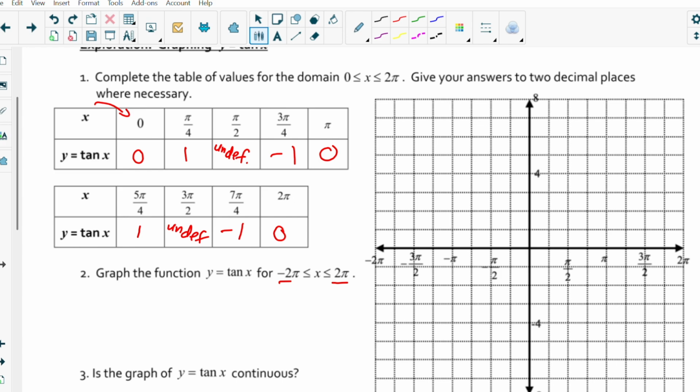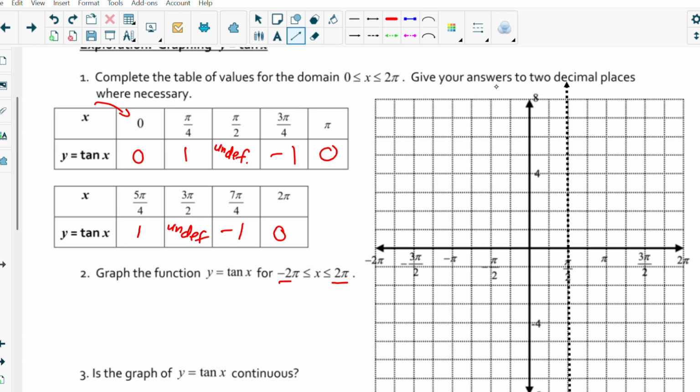First thing I'm going to do is, where it says undefined, put some asymptotes here. Let's make those asymptotes black.